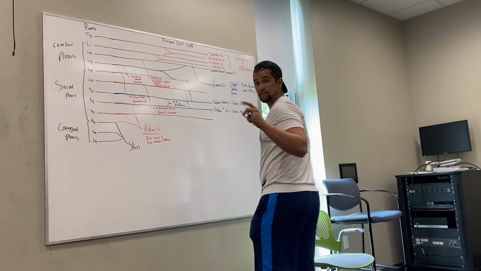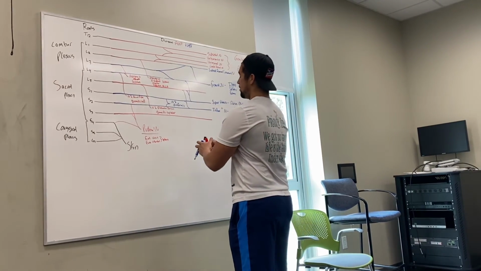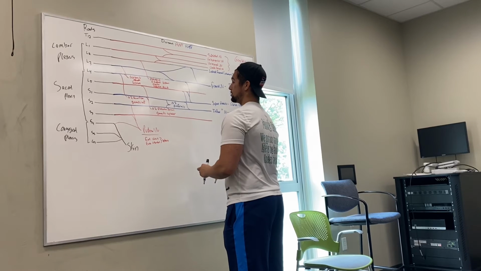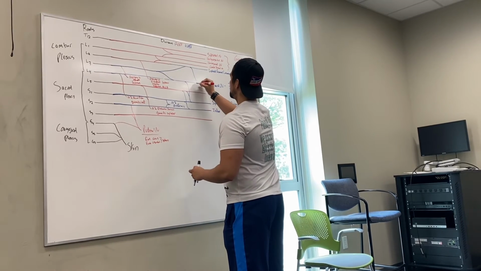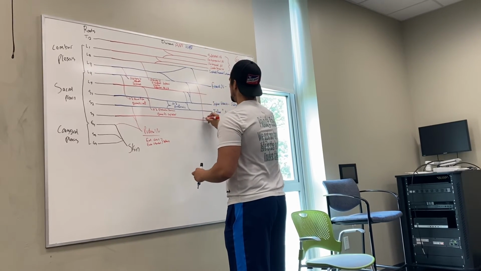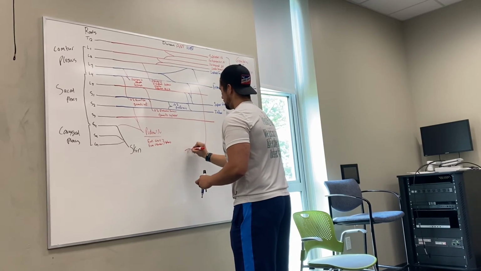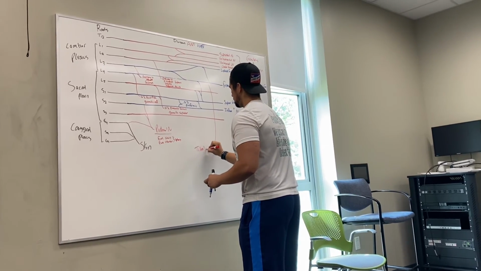Okay, and now time for the big ones. From L4, L5, S1, S2, and S3 on our anterior division, we've got our tibial nerve.